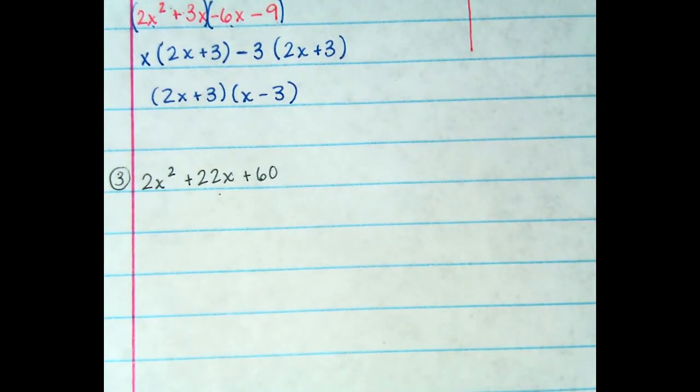Alright, something we should have done on the last two but didn't because I knew they worked out like they were supposed to is see if we have a greatest common factor before we start. Is there something that will divide into 2, 22, and 60? 2. If I can take out a greatest common factor before, I should.